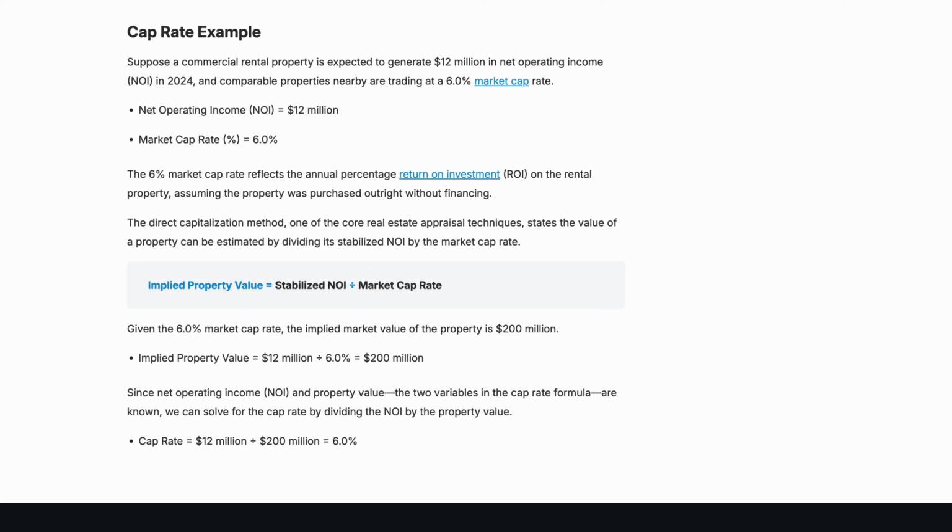So now you can compute cap rate, implied property value, and even market cap rate. You can also try with practical examples, which will give you more sense to understand cap rate in detail.